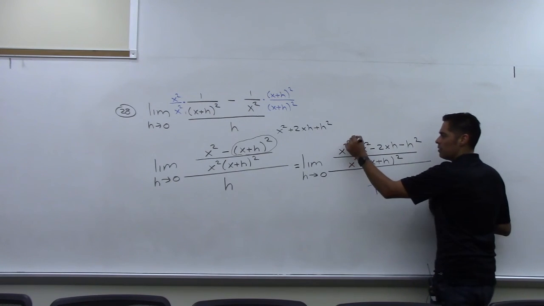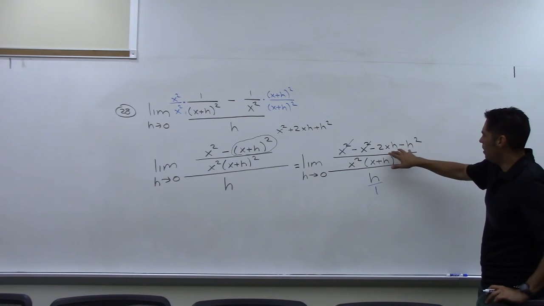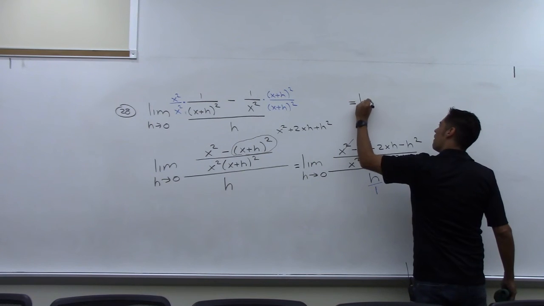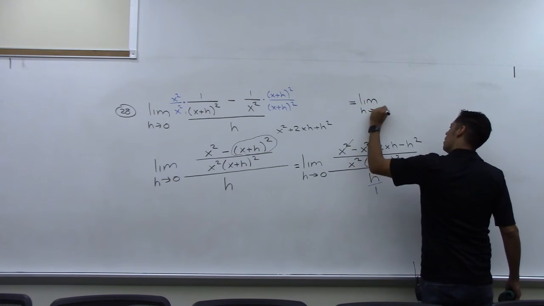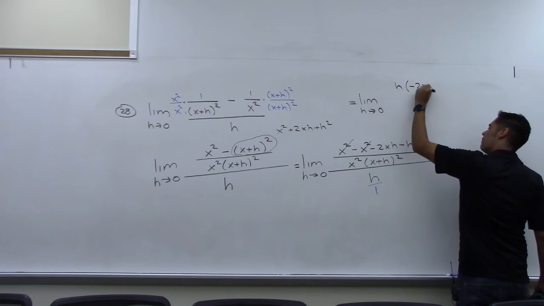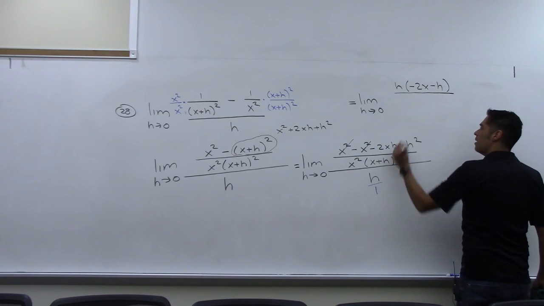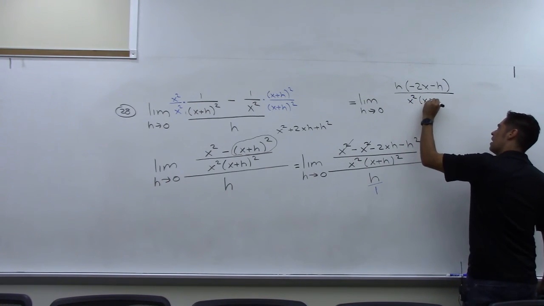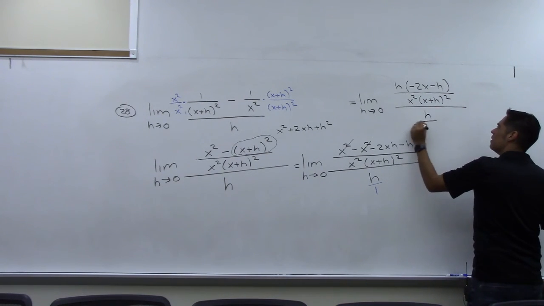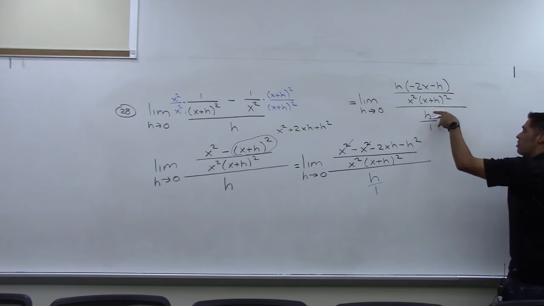And do you see the good news here? These are gone. And then what's still up here, they both have an h. So what I'm going to do is rewrite this, pulling an h out of both of those. So I factored an h out over this denominator, x squared, (x plus h) squared, all of this over h over 1. And just to be very clear, fraction over a fraction, I can flip.